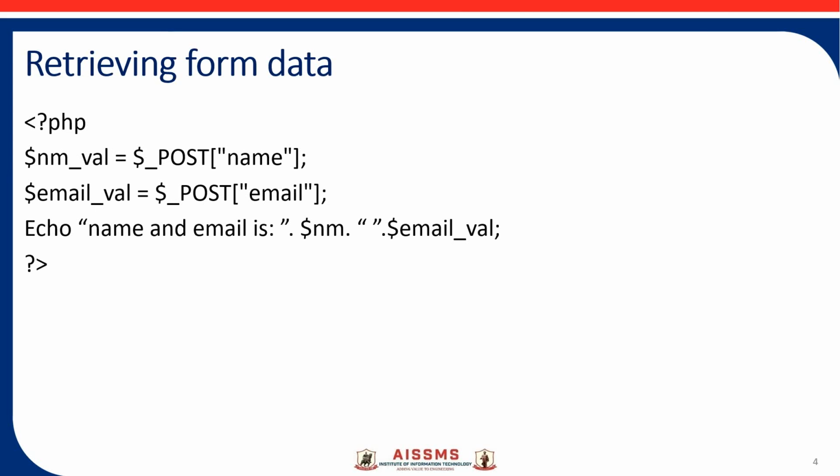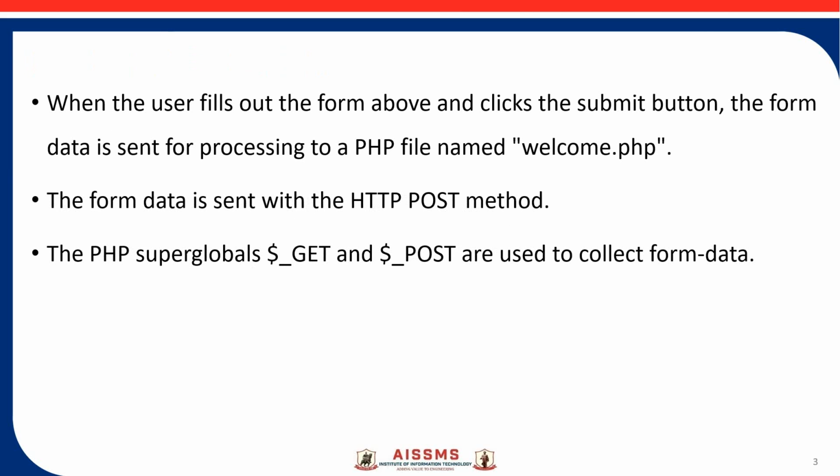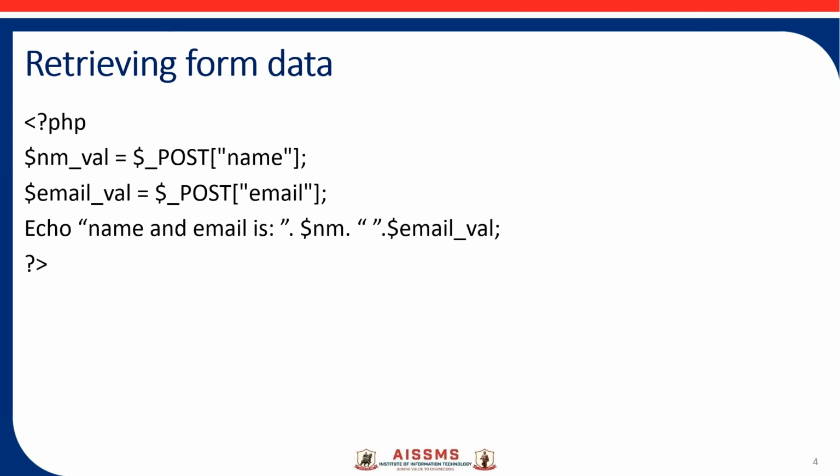So let's understand retrieving form data. In this example, as the form is submitted with the POST method, we'll use the $_POST superglobal variable to retrieve the form data. So $_POST, in brackets, in double quotes, name.